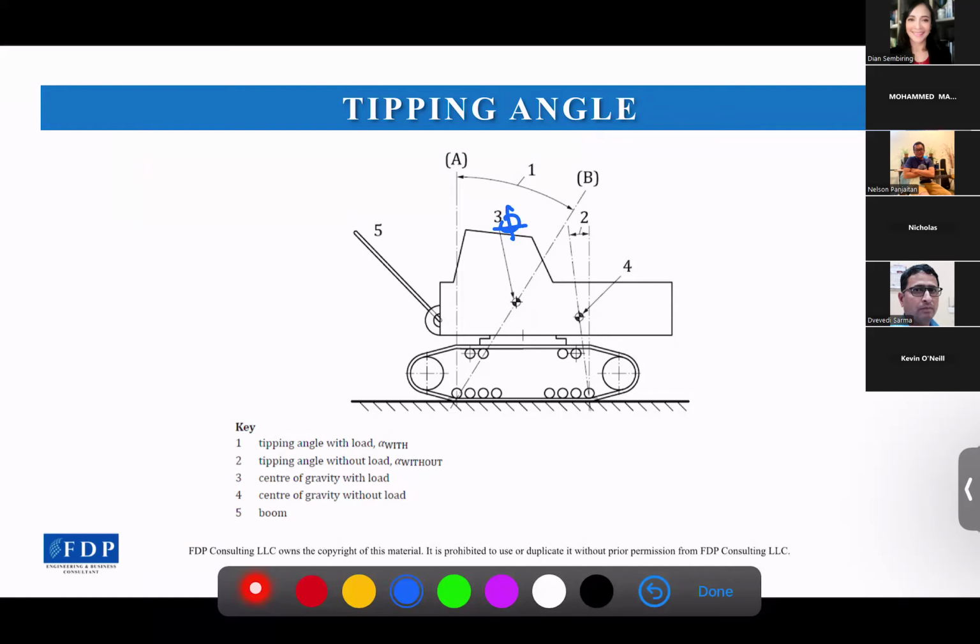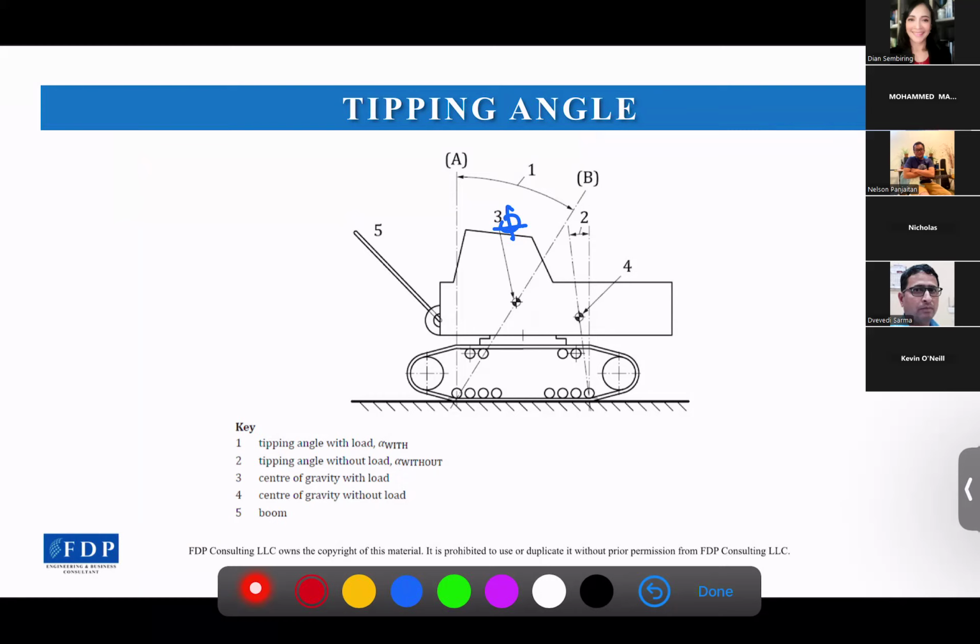Now the next question is, what are the things that could make the COG become higher during the lifting operation? The answer is the load itself. The higher the load we put in the lifting, the higher it will make this COG, beyond the allowable.